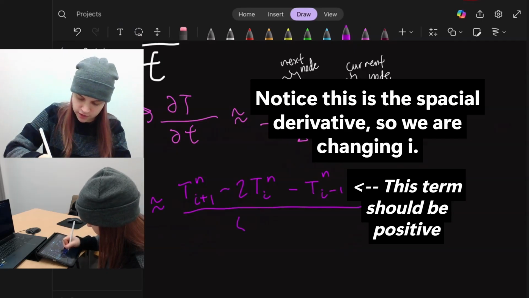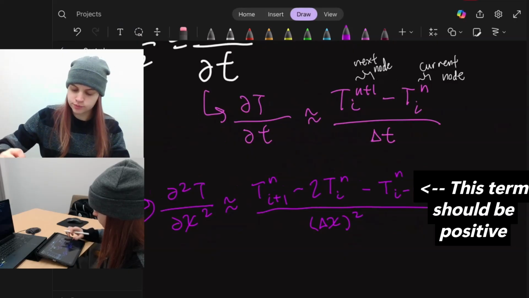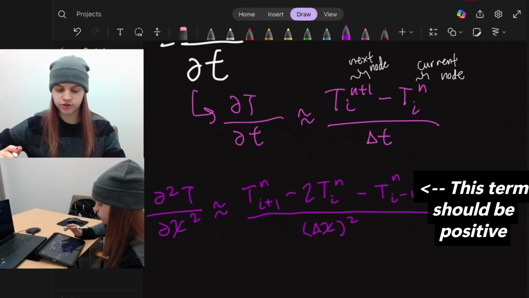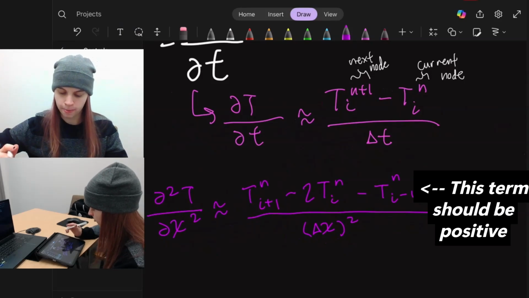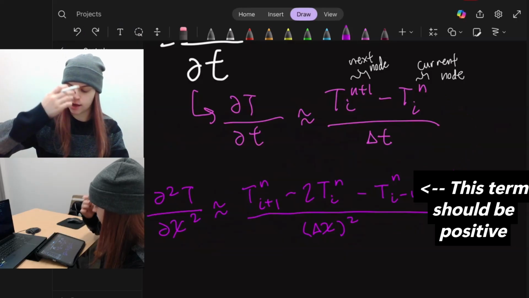And we're dividing it this time by delta x squared. This is basically simplifying how our temperature is changing. These numerators are different from each other due to one being a first derivative and the other being a second derivative.